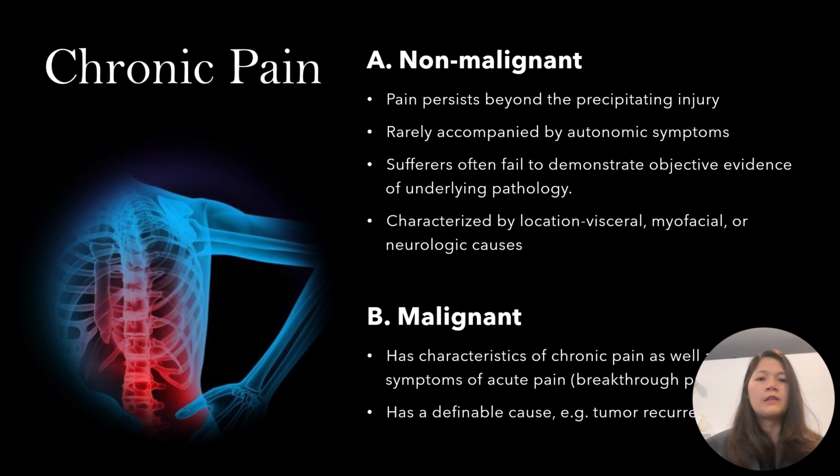Sufferers often fail to demonstrate objective evidence of underlying pathology and are characterized by location, visceral, myofascial, or neural causes. And then we have malignant. Malignant has characteristics of chronic pain as well as symptoms of acute pain, breakthrough pain, and has a definable cause, for example, tumor recurrence.